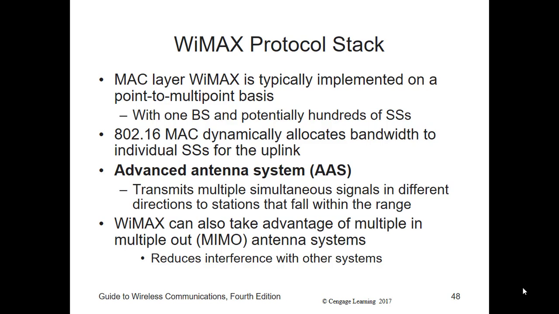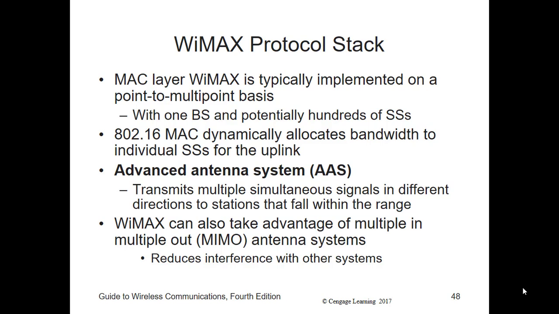It also helps to maximize the amount of RF energy sent in one direction. WiMAX can also take advantage of multiple-in, multiple-out, or MIMO, and reduces the interference of other systems and the impact of multipath distortion.